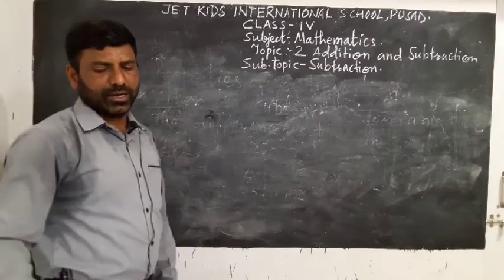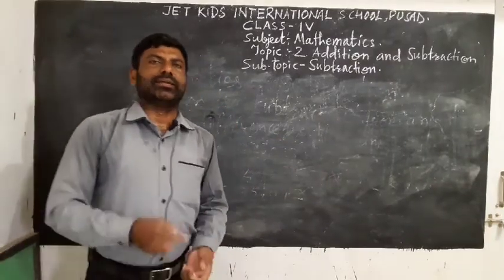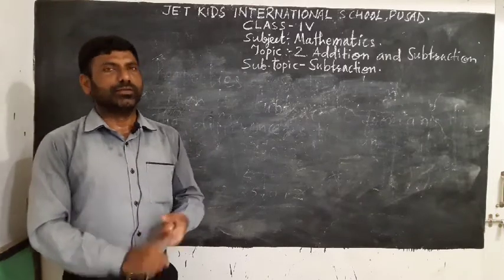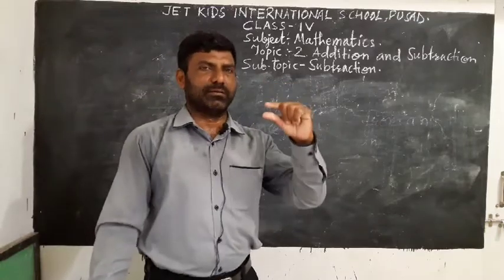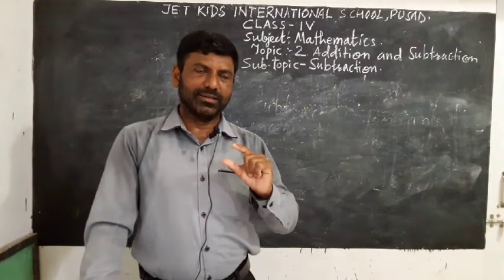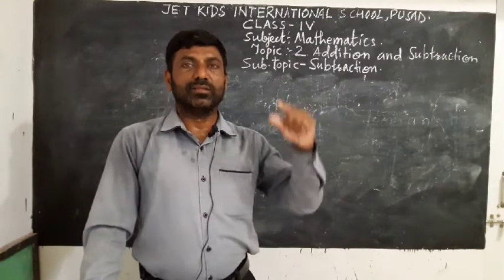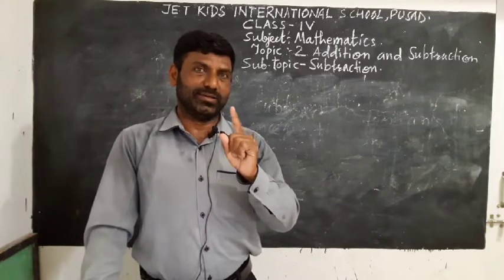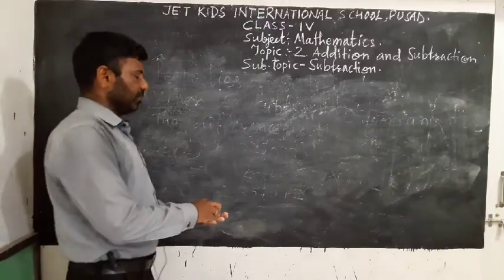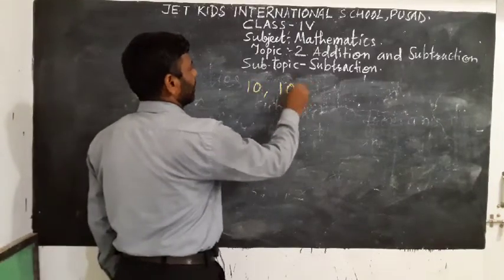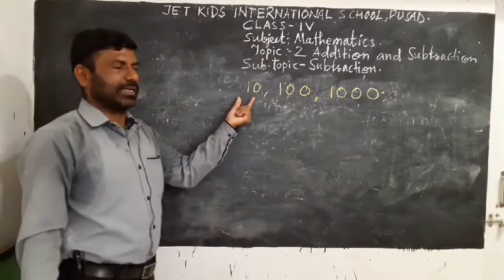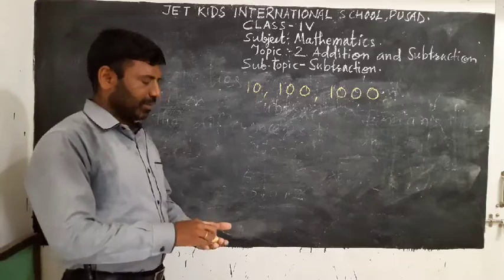We saw that when we add 10, 100, 1000 to a number, if we add 10, the tens place number will increase by 1. If we add 100 to a number, the 100 place number will increase by 1. Likewise, in subtraction, let's take an example.